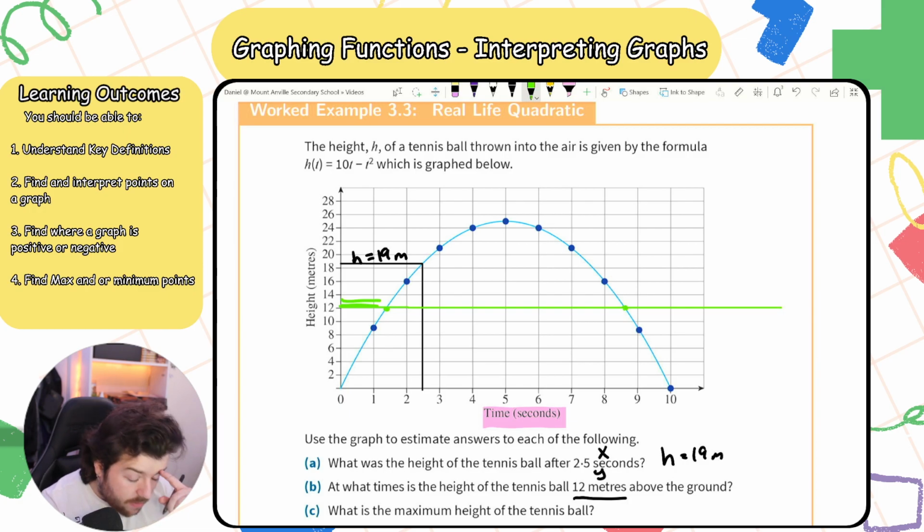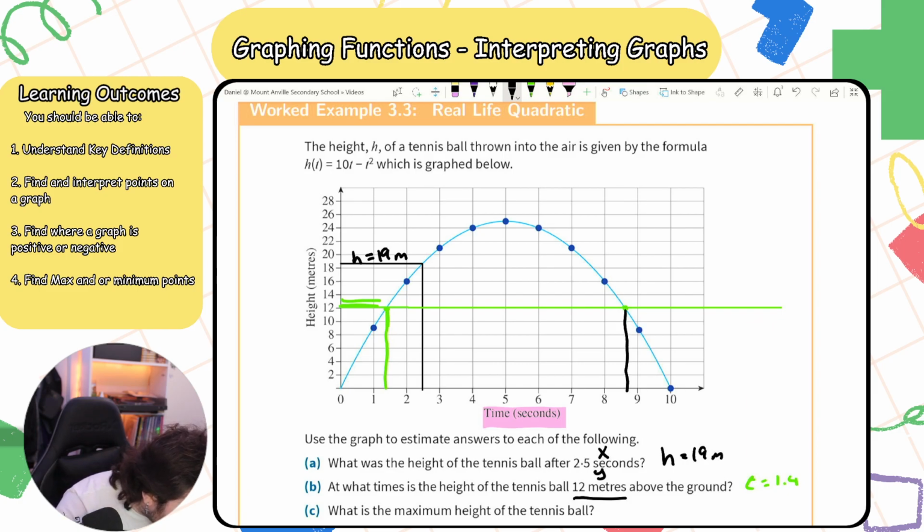So it hits here, and it hits here. My function is equal to 12 at, go down, ding, it's not exactly 1.5, but if I said 1.5, I'm not necessarily going to lose marks. I'm going to say around when t is equal to 1.4 seconds, and here, go down, bang.